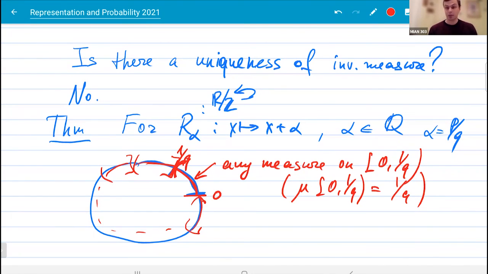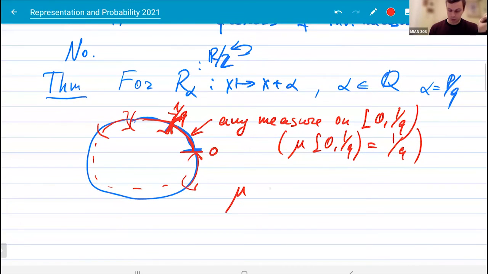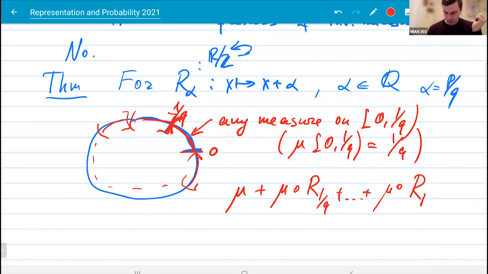So you have q copies of this measure, and it is clear that the measure u, well, u in composition with T with R alpha, is invariant.